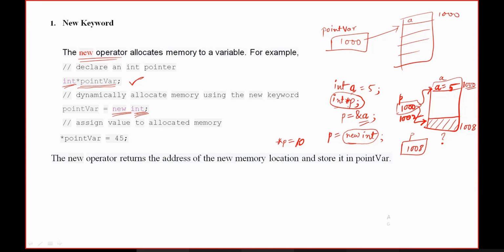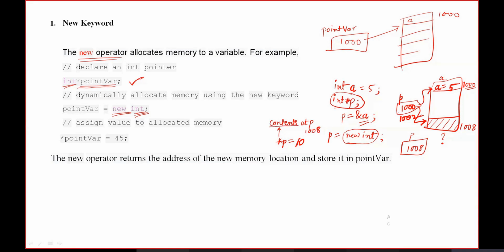Then after the declaration step, whenever I use star along with p, what am I referring to? I am referring to the contents present at p. What does this star represent? It represents contents at p. Now what does p carry? p carries 1008.